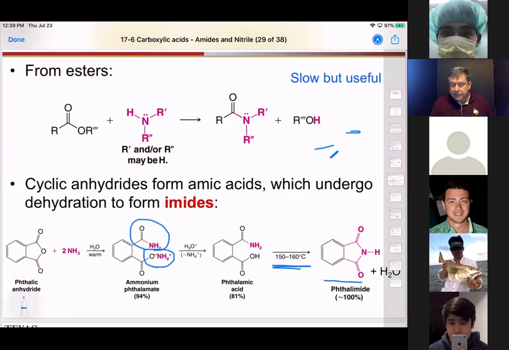This is another group we'll talk about later, but it's made from the reaction between a primary amine or ammonia, and will give us a dicarbonyl nitrogen compound that's a little different than the amides we've talked about before.